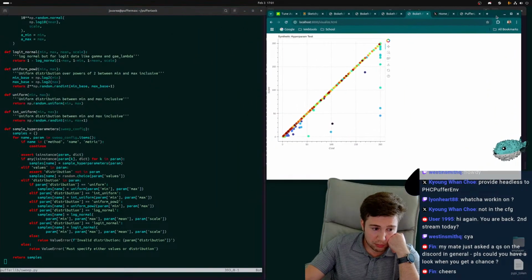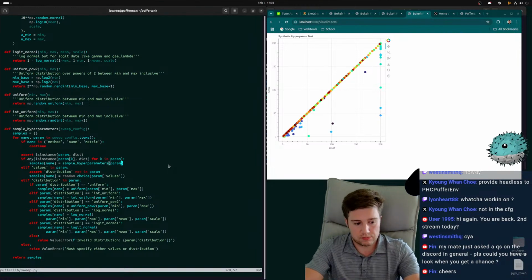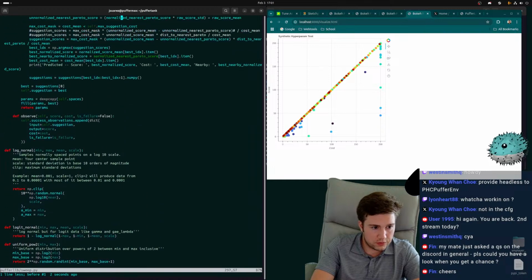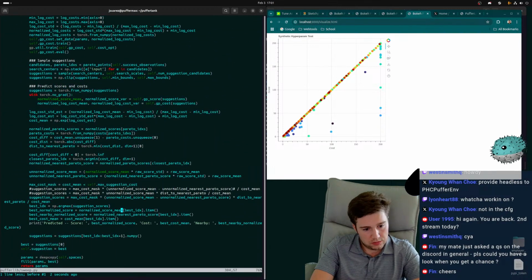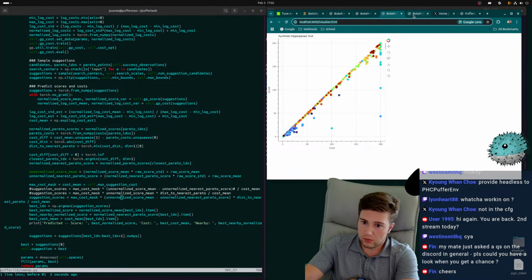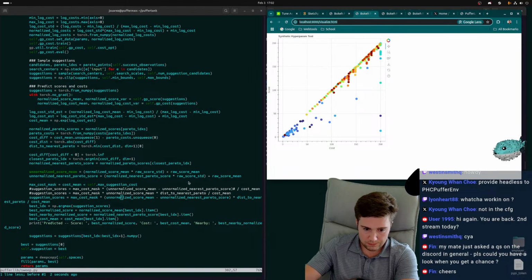Let me see what produced this graph, right? Oops. Okay, so this one versus this one. Okay, this is not divided by cost.